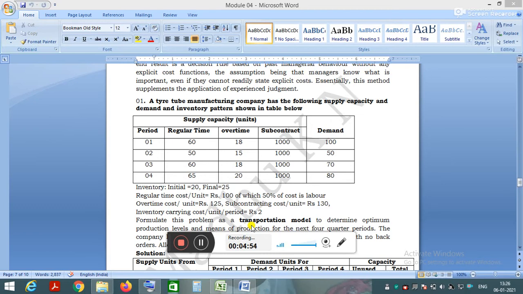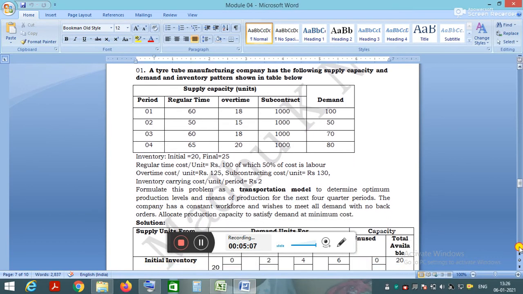This is what he has given in the problem, and we need to formulate this problem as a transportation model so that we can determine the optimum production levels and means of production for the next 4 quarter periods.